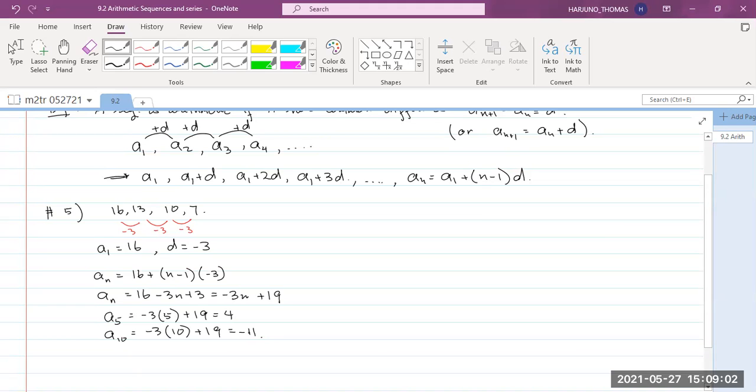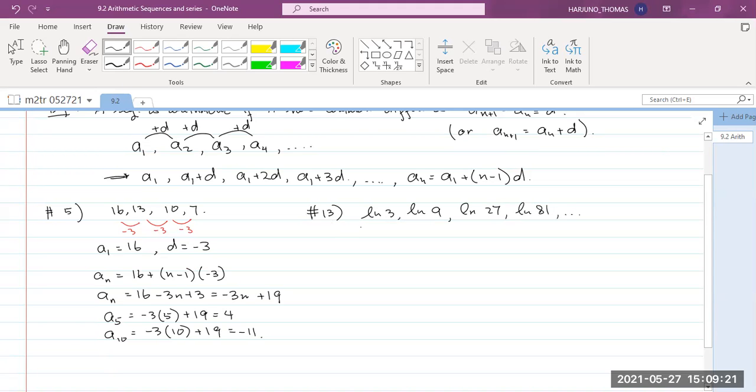Number 13. We have natural log of 3, natural log of 9, natural log of 27, natural log of 81.